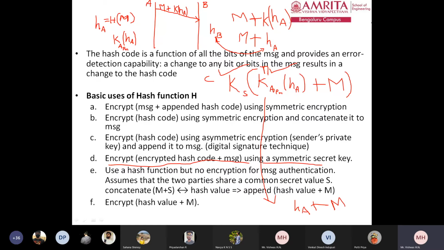Now B has to get the hash code of the message M. That will be H of B, and this H of B and H of A will be compared. When both are compared, if they are the same, then integrity is also proved. So the three major factors of security, authentication, integrity, and confidentiality, are all proved here.